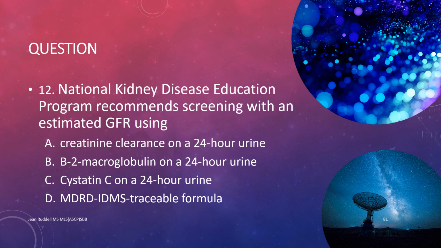Question 12. The National Kidney Disease Education Program recommends screening with an estimated GFR using A. Creatinine clearance on a 24-hour urine, B. Beta-2 macroglobulin on a 24-hour urine, C. Cystatin C on a 24-hour urine, or D. MDRD-IDMS-traceable formula.